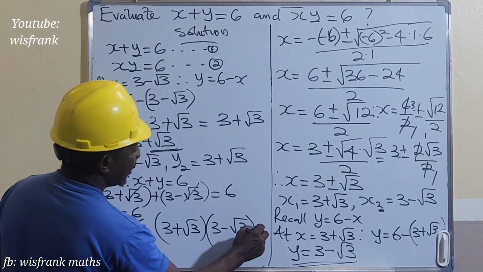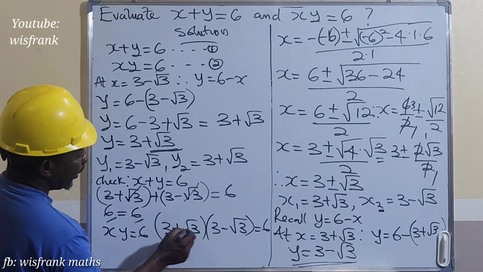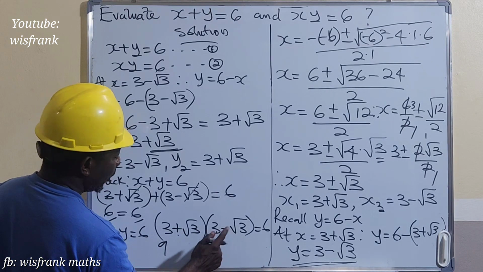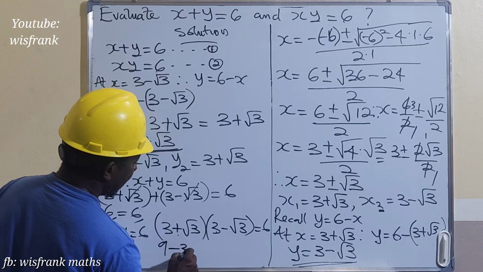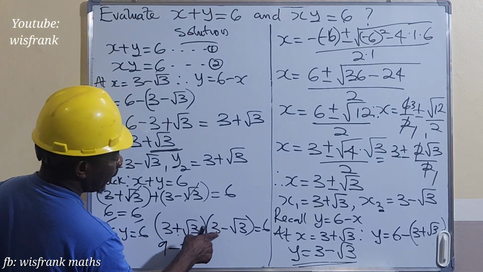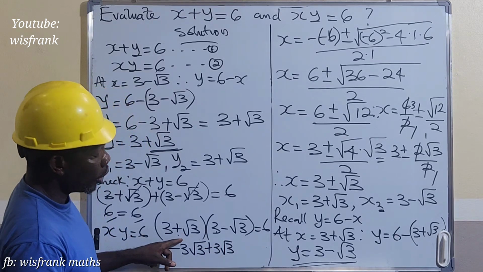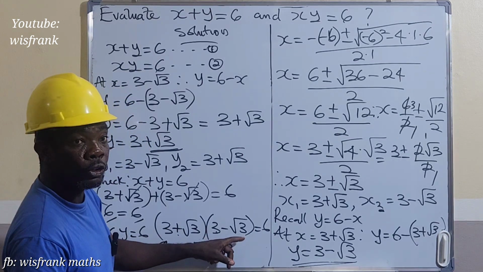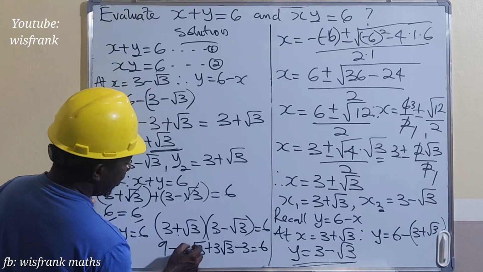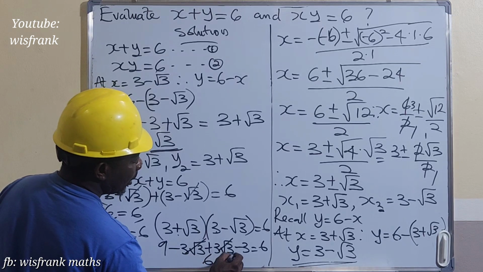Then when we multiply this, let's see whether it will give us 6. So we have 3 times 3 will give us 9. Then 3 times minus root 3 will give us minus 3 root 3. Then we have root 3 times 3 will give us plus 3 root 3. Then we have plus root 3 times minus root 3 will give us minus 3. This will cancel here. We have 9 minus 3 equals 6. This is equal to 6.